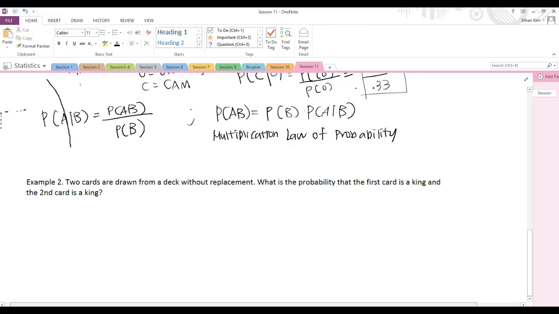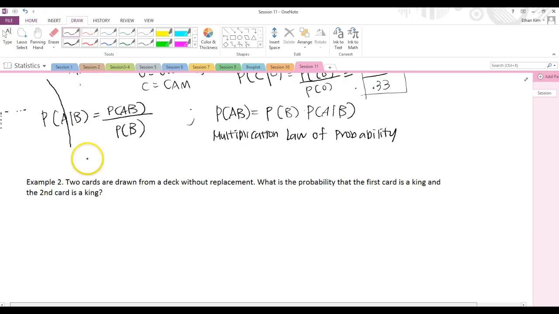And here we have the second example. Two cards are drawn from a deck without replacement. What is the probability that the first card is a king and the second card is a king as well? Let's first assign some events. Say that K1 is first card is a king, and K2 is second card is a king.